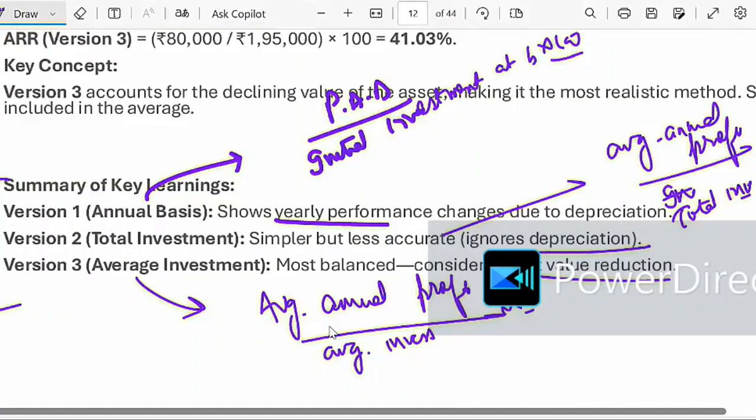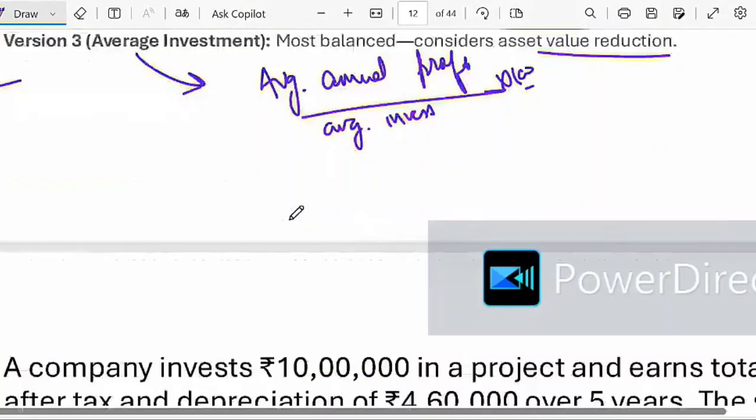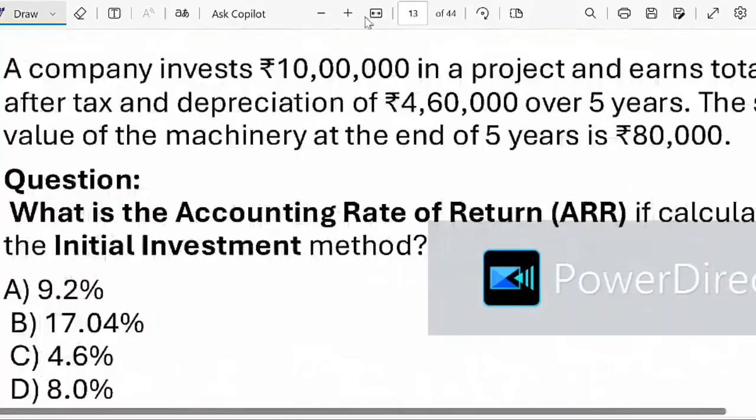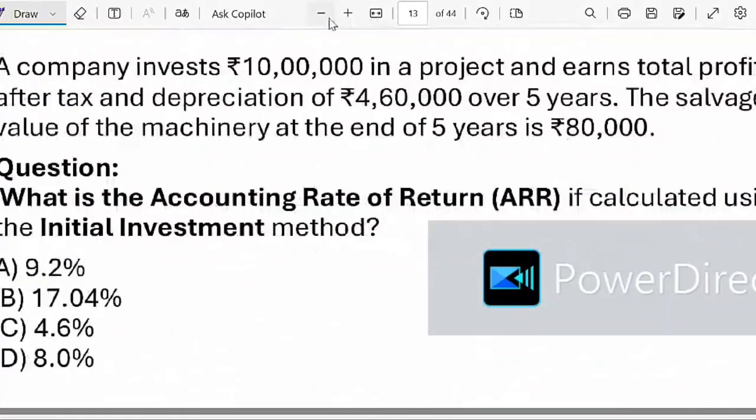Very good. Now friends, one question for you. Let me give you one question to solve. Try this question yourself. Let me check how much you have understood. The question is: a company invests 10 lakh in a project and earns total profit after tax and depreciation of 4,60,000 over 5 years. The salvage value of machinery at the end of 5 years is 80,000.